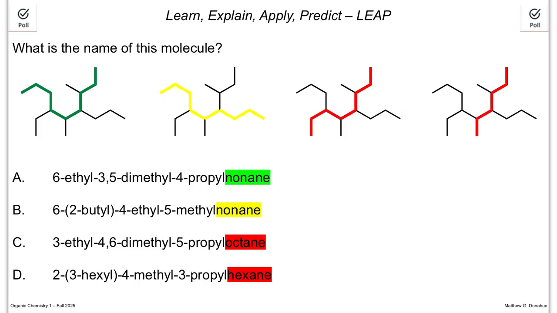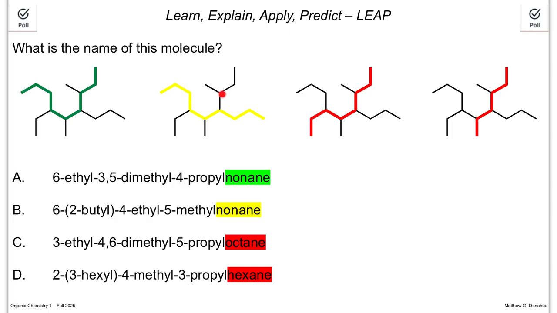So there's a way of looking at the different paths, and the green one is the right path. As I just said, with B that's in yellow, that's the incorrect path because you have a substituent, but that substituent itself is then branched.